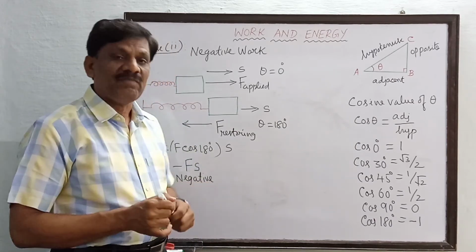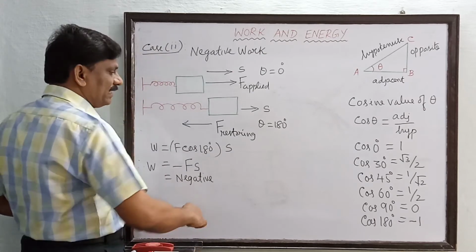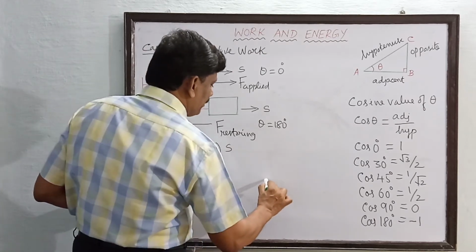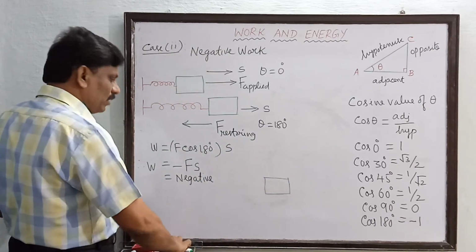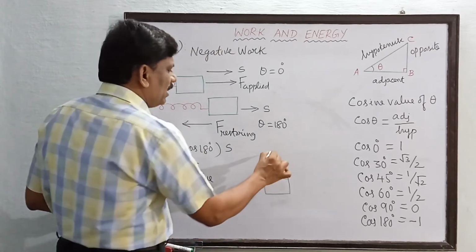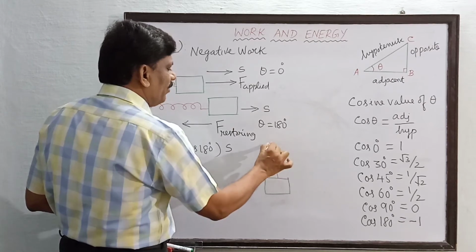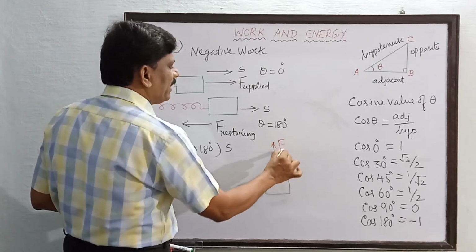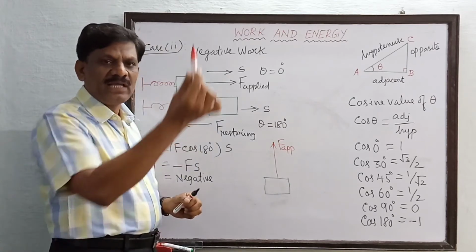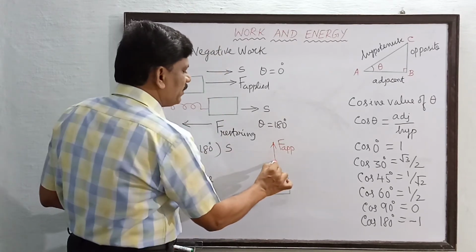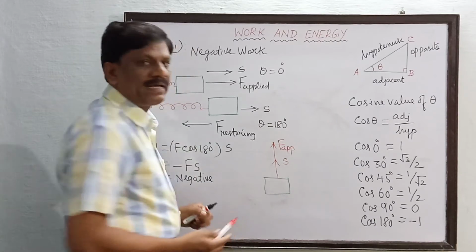See, for example, I will consider an object placed on the ground surface. Now, I pull this in the upward direction. So, in the upward direction, this is the applied force. Applied force is acting in the upward direction. Displacement is also produced in the upward direction.